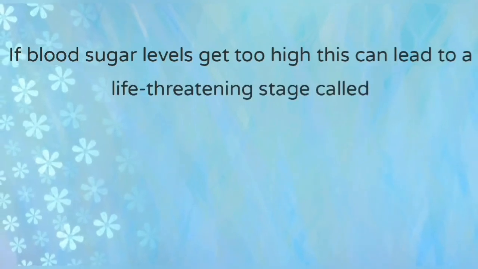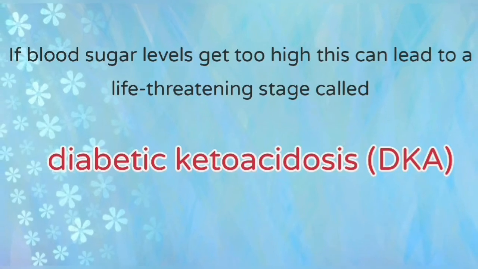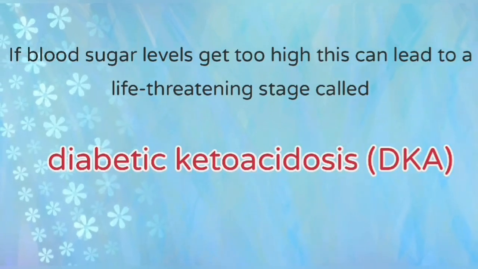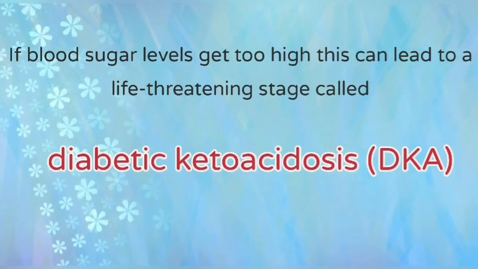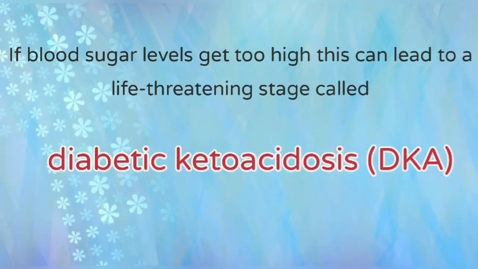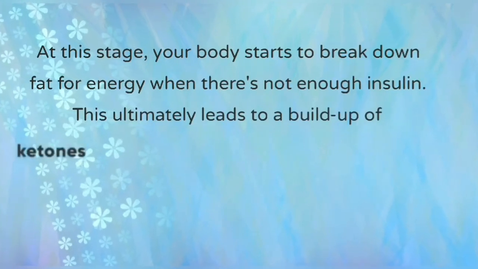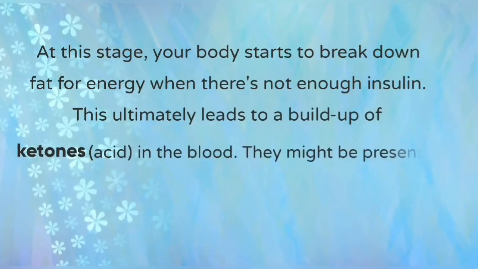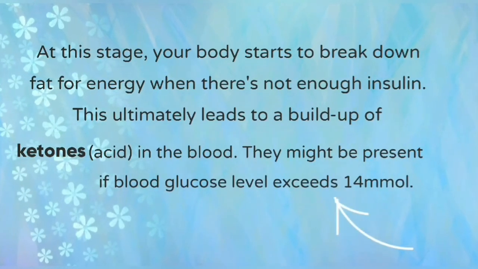Hypoglycemia can be extremely dangerous, and if blood sugar levels get too high, this can lead to a life-threatening stage called diabetic ketoacidosis. At this stage, your body starts to break down fat for energy when there is not enough insulin, which leads to a buildup of ketones, acid, in the blood.